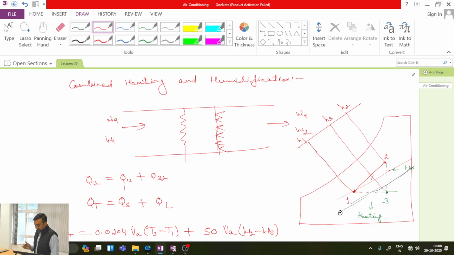Okay, so I can say that 1 to 2 is the total heat load, out of which 1 to 3 represents the sensible heat load and 3 to 2 represents pure humidification, or latent load. So that is the reason I wrote Q12 equal to Q13 plus Q32, and then Qt is equal to Qs plus QL, because 13 is Qs and this is QL.